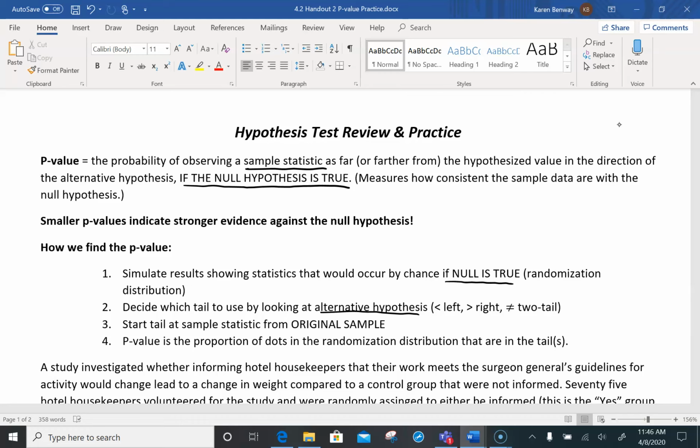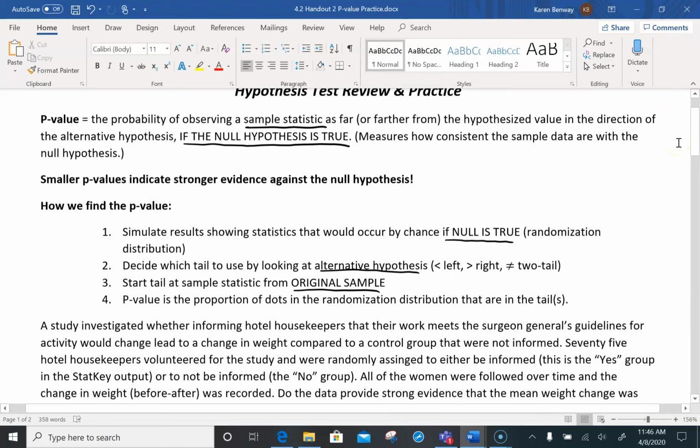And finally, we are going to start the tail at the sample statistic from the original sample. And the p-value is going to be the proportion of dots in that randomization distribution that are in the tail or tails of the distribution beyond that sample statistic.